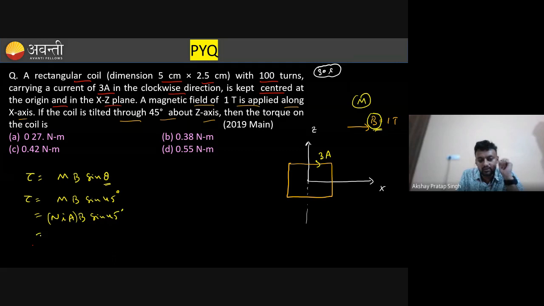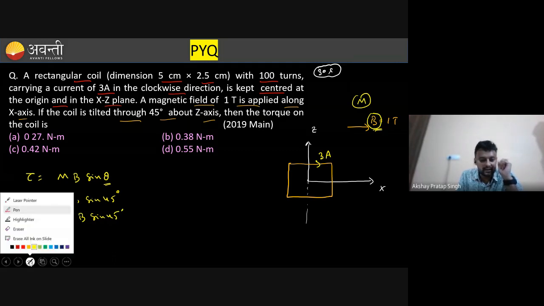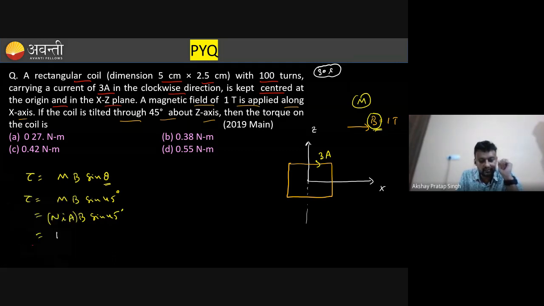Just put the values, and you can see that N is given as 100, current is given as 3 ampere. Area: you can see that the dimensions are 5 centimeter and 2.5 centimeter.